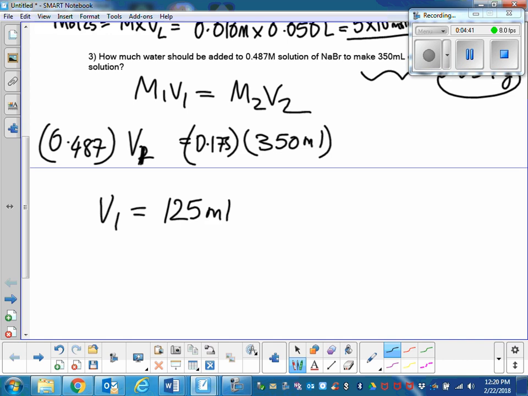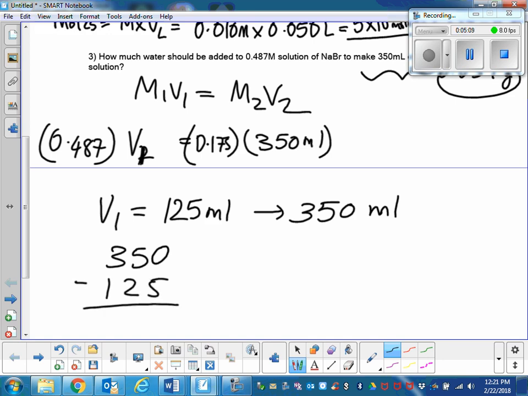The question is asking me how much water should I be adding. Therefore, I am making 125 milliliters up to a total volume of 350 milliliters, which means how much water did I add? I have to subtract out the numbers.